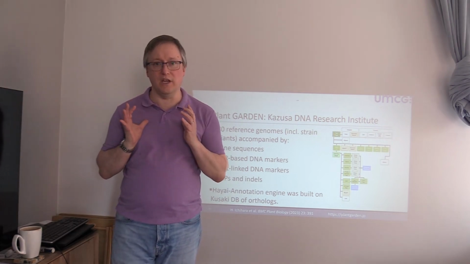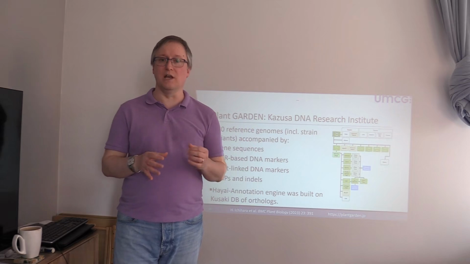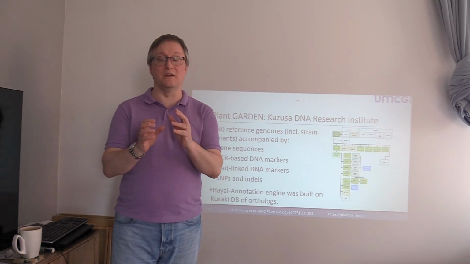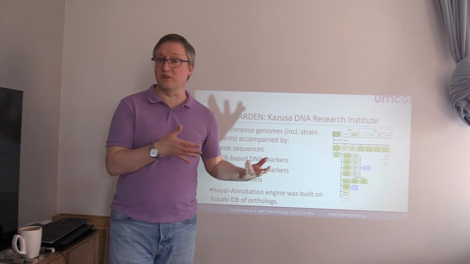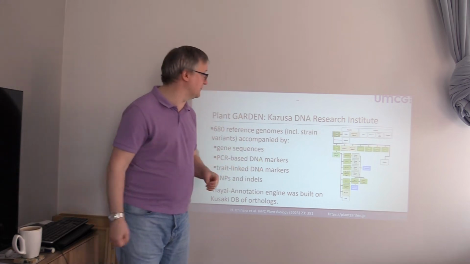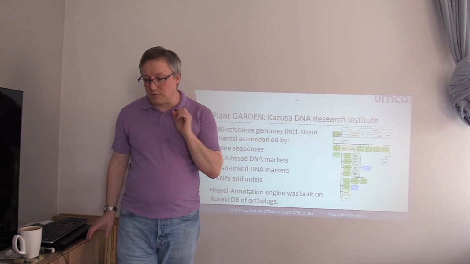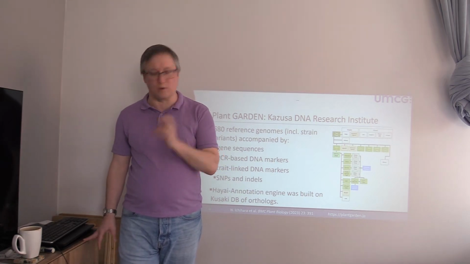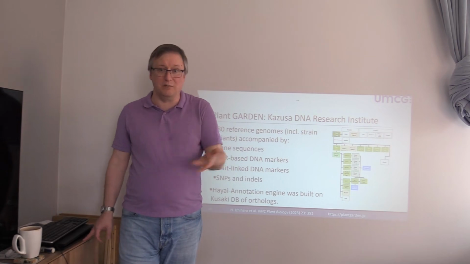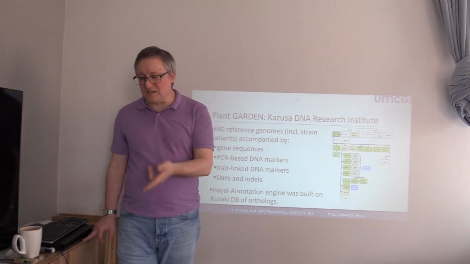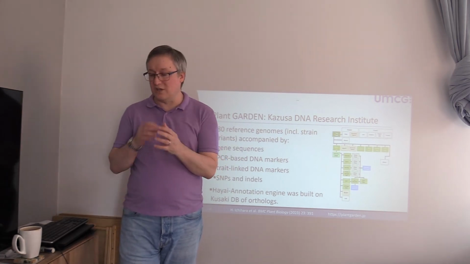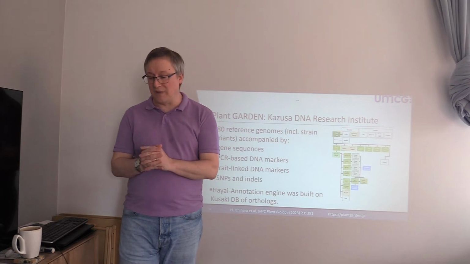But the number of species present here can sometimes give you species that you'd love to be in Phytozome or Ensembl Plants, but they just aren't yet. So you can download this information, gene sequences, PCR-based DNA markers, trait-linked DNA markers. Obviously, we care about phenotypes. SNPs and insertions and deletions, all that kind of information is available.